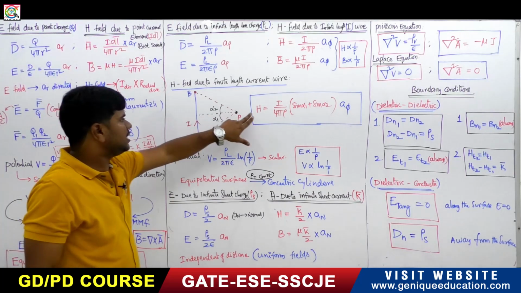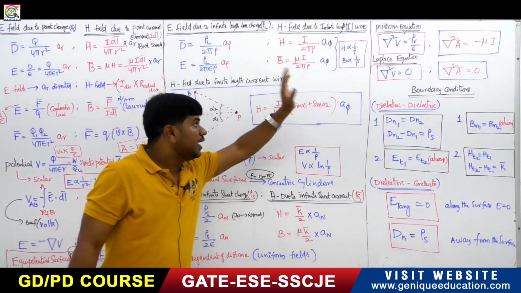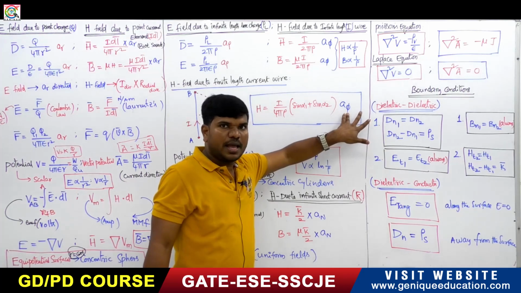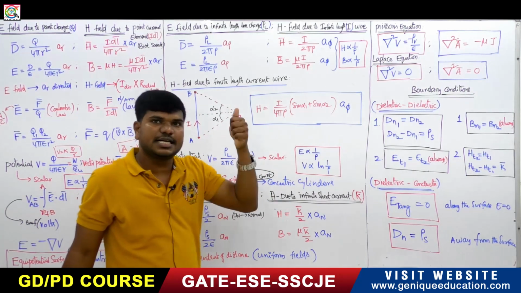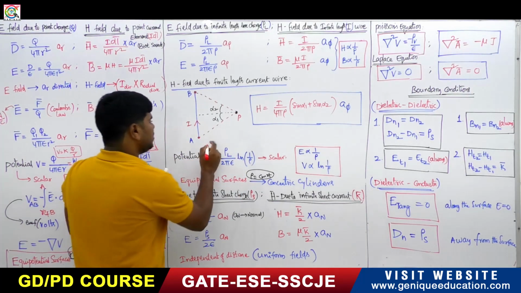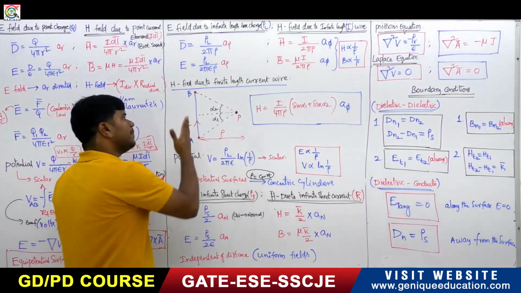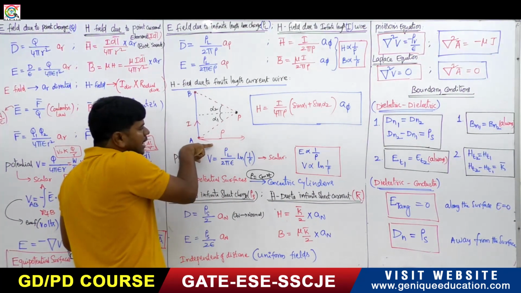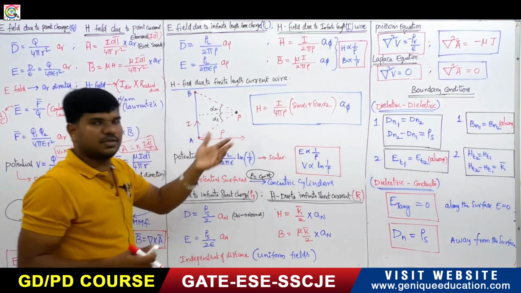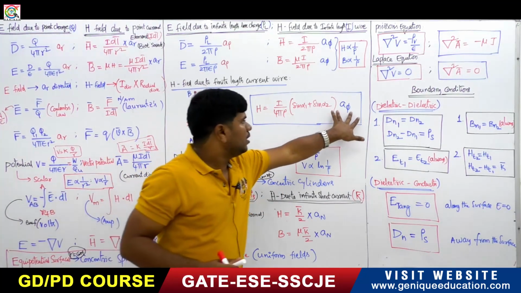The magnetic field intensity is equal to I divided by 4 pi rho, sin alpha 1 plus sin alpha 2, into A phi. Here I am writing A phi, by assuming the current direction is in Z direction and the radial direction in arrow direction. Suppose the current is in another direction, then according to that you have to write this unit vector.